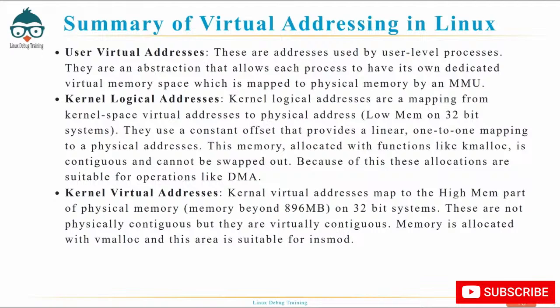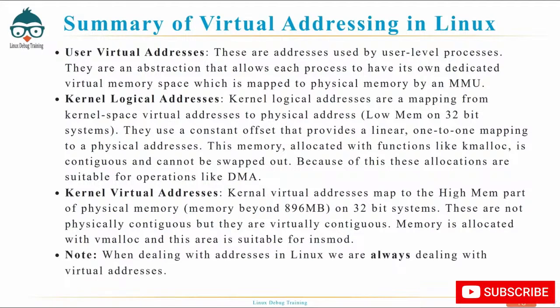These are not physically contiguous, but they are virtually contiguous, and this memory is typically allocated with vmalloc, and this area is suitable for insmod and similar operations. It should be noted that when dealing with addresses in Linux, we are always dealing with virtual addresses. We are generally not exposed to the physical addresses.